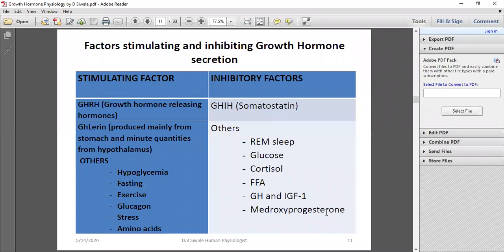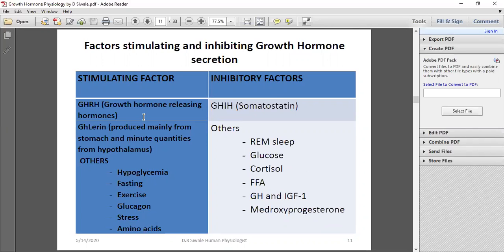This is a drug used to treat conditions such as absent menstrual periods, irregular menstrual periods, or bleeding from the uterus. So I say it's part of the inhibitory factors.